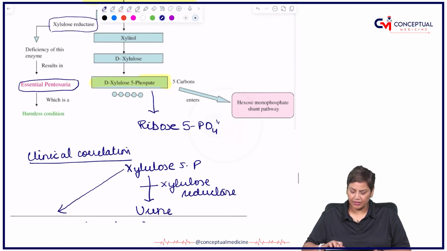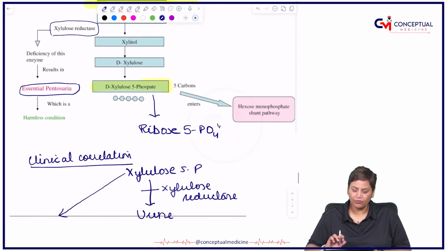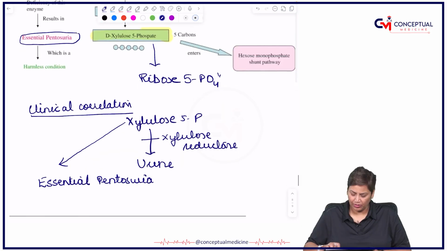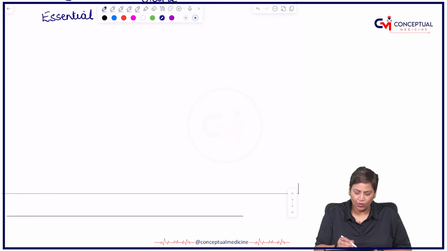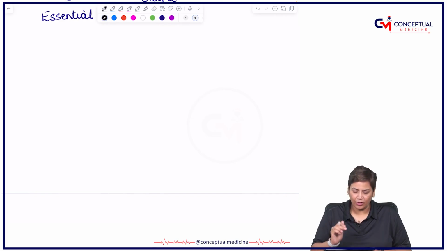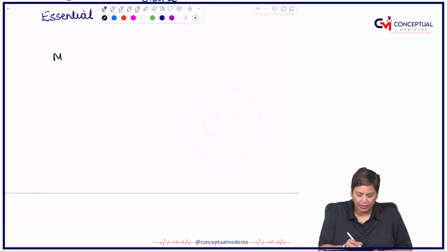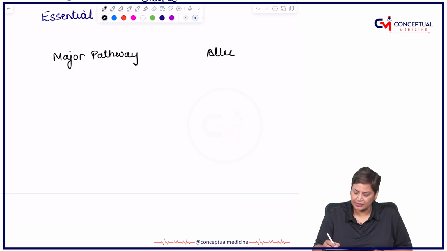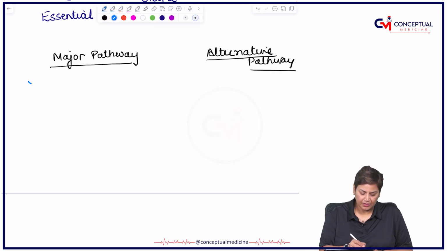So these are the two alternative pathways of oxidation of glucose. Now let's quickly summarize what the major pathways and the alternative pathways are. Under major pathways, you start from the first one, glycolysis, right?